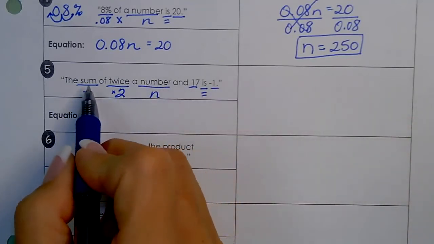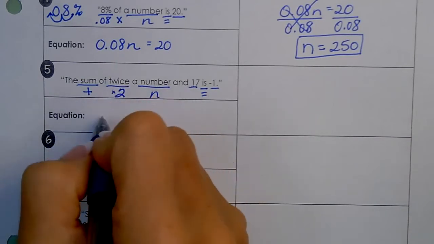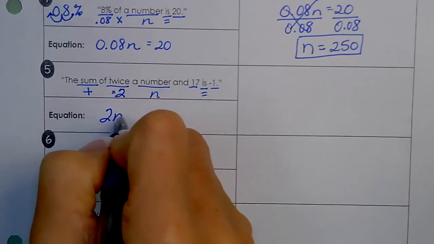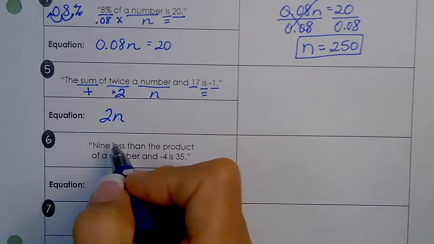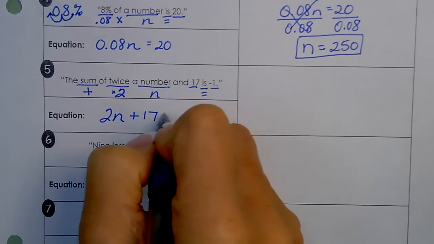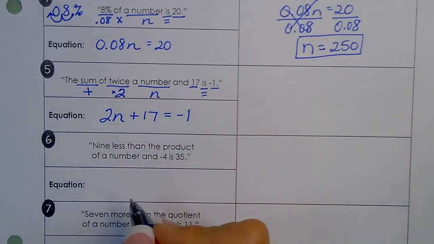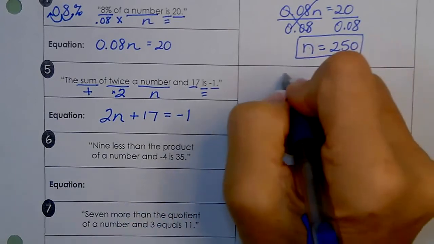So we're going to add twice a number and 17. Let's start with 2 times a number. Twice a number, the sum of that and 17 is -1. Okay, time to solve.